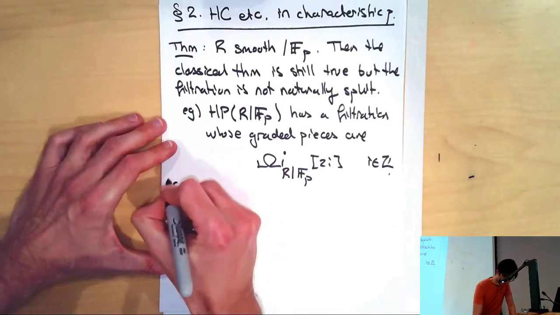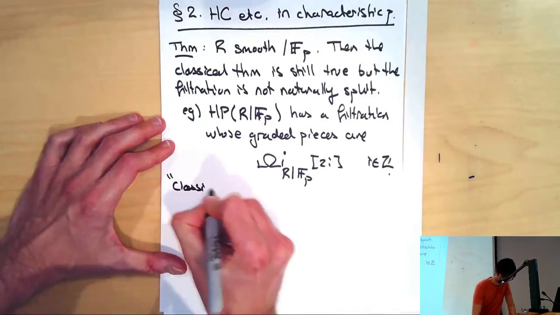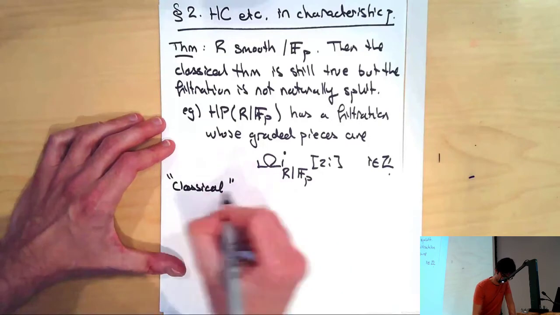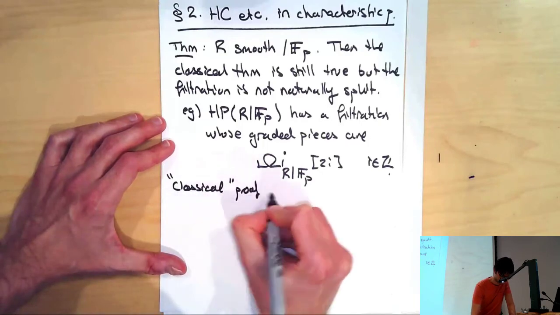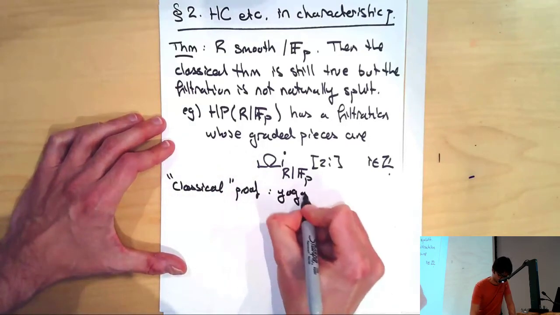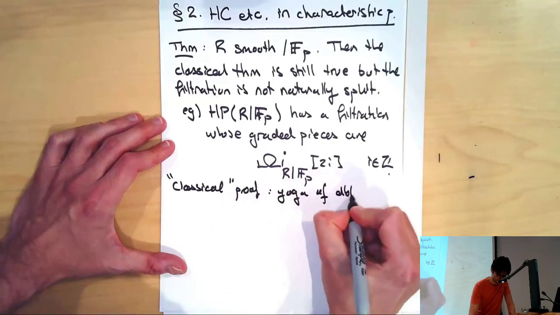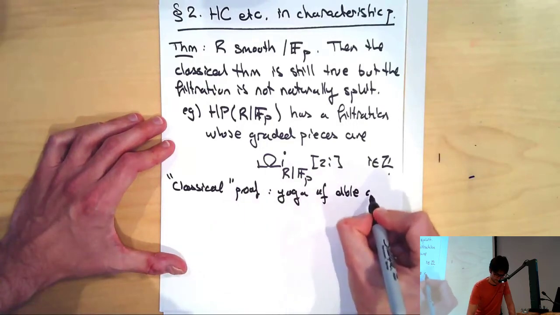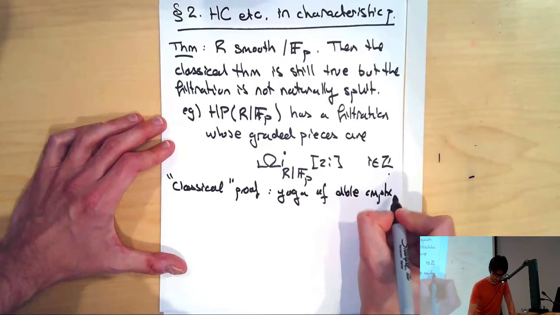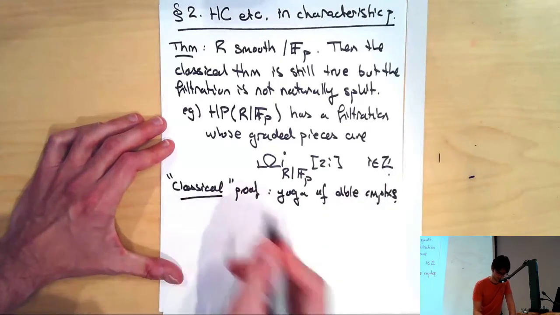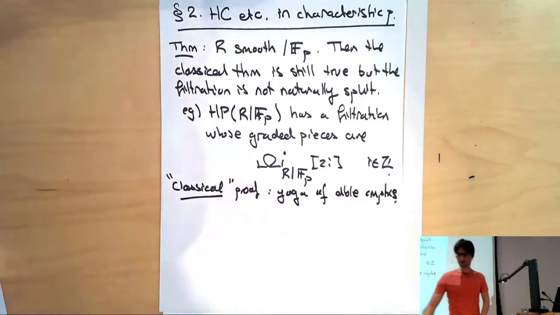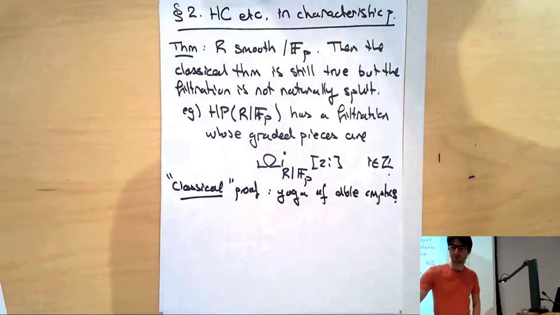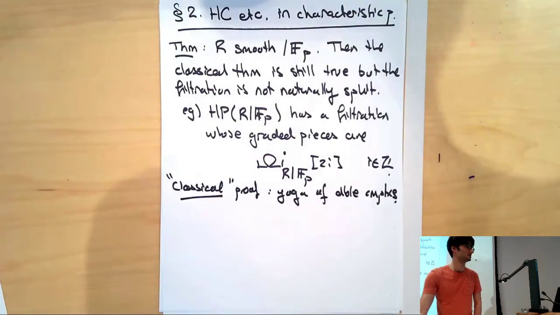So let me give a classical, then forgotten proof involving yoga of double complexes. We have an explicit description of HP as the totalization of this complex, and I can produce some filtrations on this in various ways.